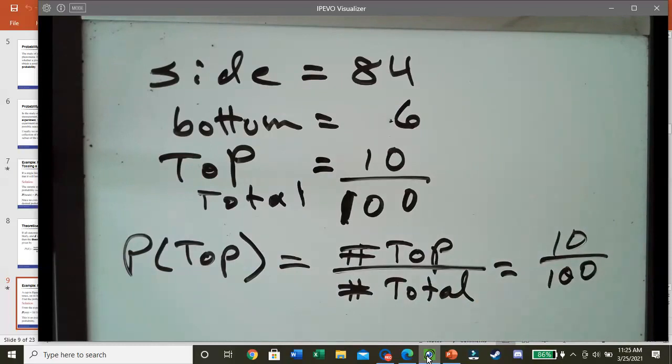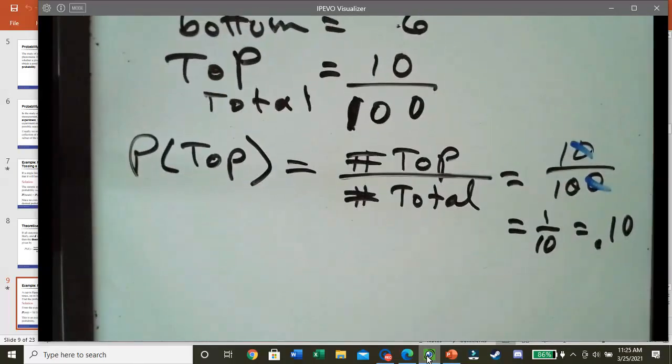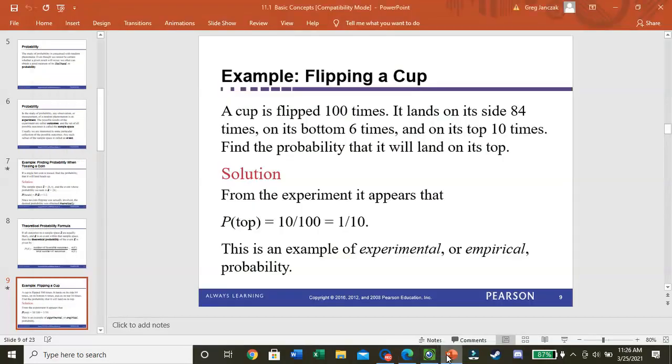So if we were to cancel out the zeros, right, simplify, we'd get 1 over 10, right? If we divide that, we get 10%, or 0.1, or 0.10, which is 10%. Okay, so that's why I like to use percentage along with decimal, because people tend to relate with percentages better.